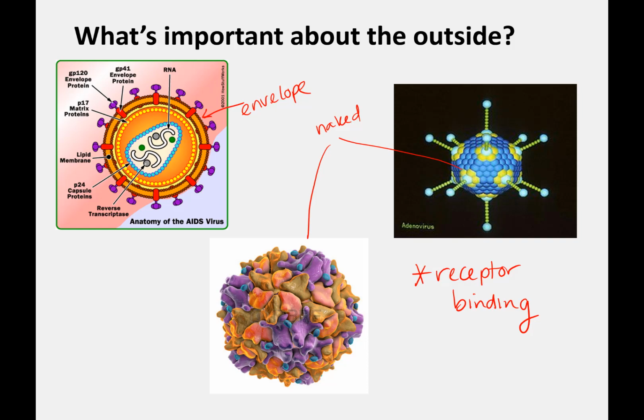And again, we'll talk about this more, but sometimes you'll see spikes on the outsides of viruses that you can imagine interacting with a receptor, and sometimes it's actually the canyons or these indents in the capsid that interact with the receptor.